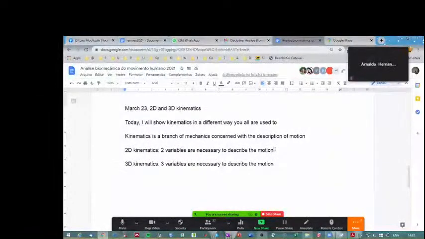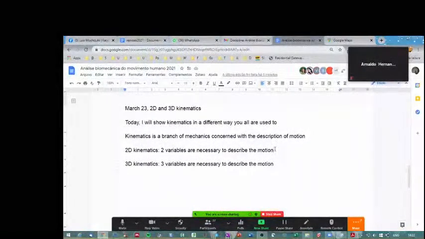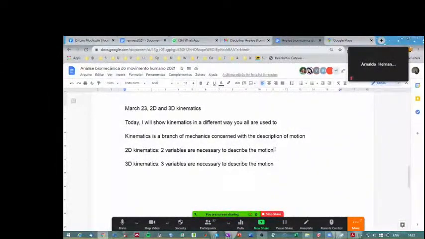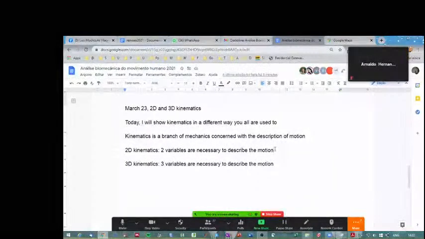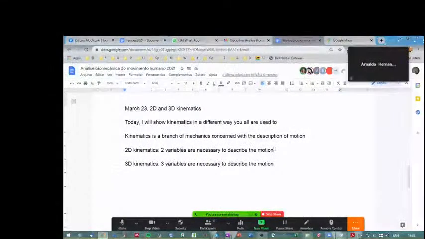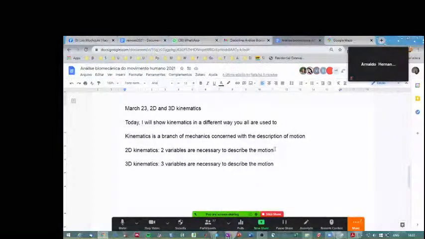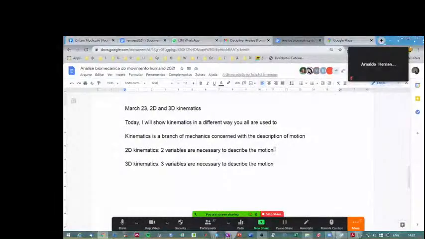Well, let me draw. Okay, so for 2D kinematics, you can see something like this.